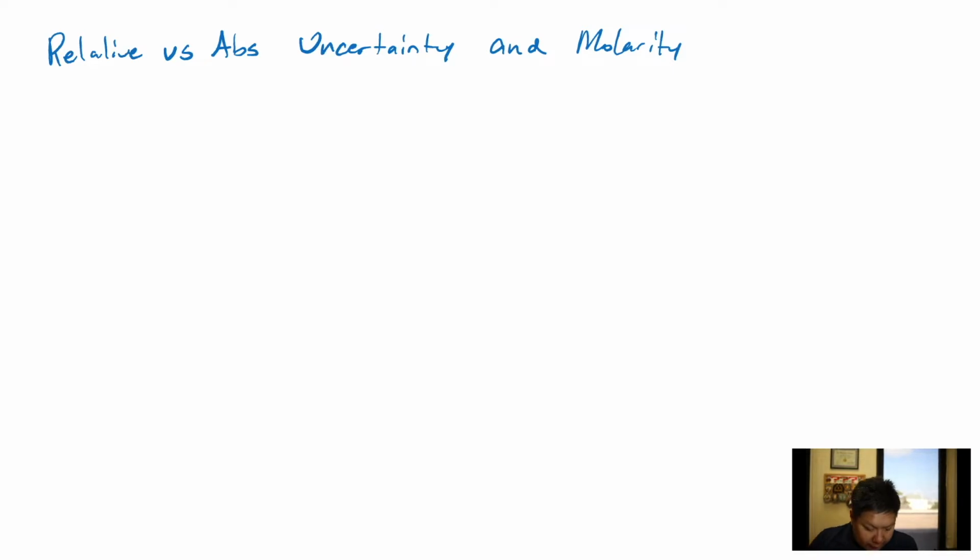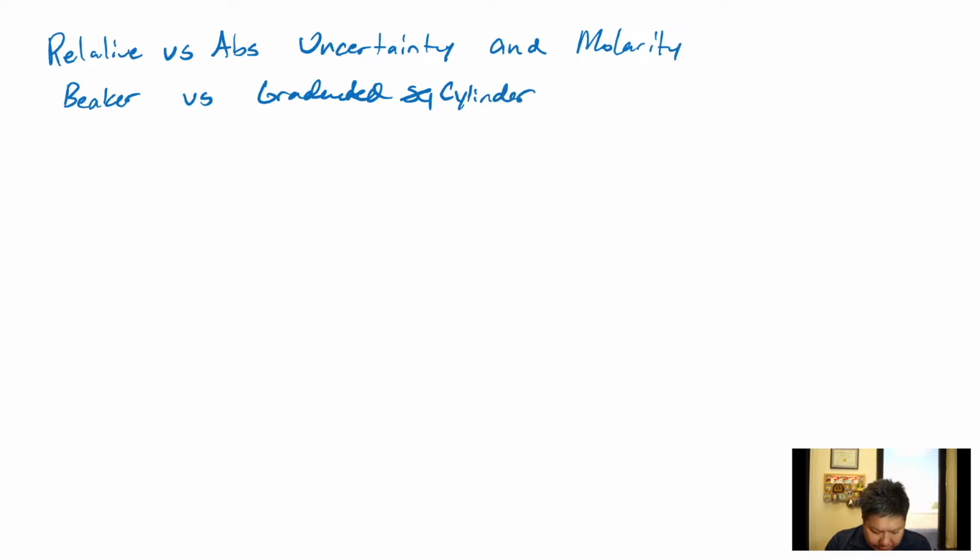Okay, so let's just recall what I told you on the very first day when we were talking about uncertainty in the lab. In the lab, we have different pieces of glassware, like a beaker, a graduated cylinder, and a volumetric flask.